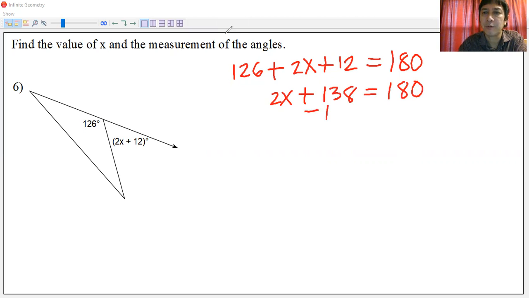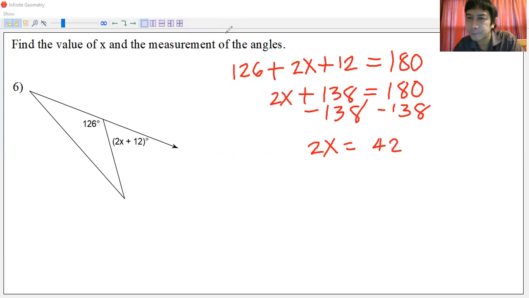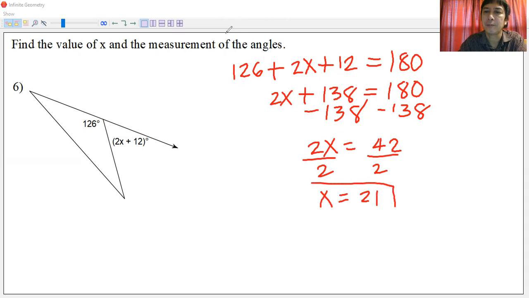We subtract 138 so that at the left side we will only have 2x, and this will be 42. Yes, and then we divide by 2. X is 21.